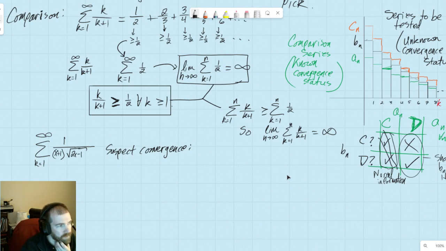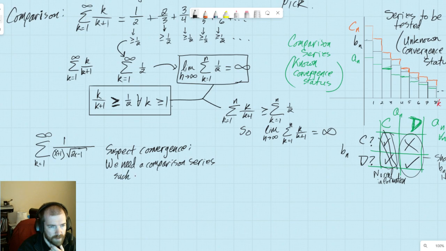So if this converges, then we need a comparison series such that all of our terms, a sub k, must be greater than or equal to 1 over parentheses.